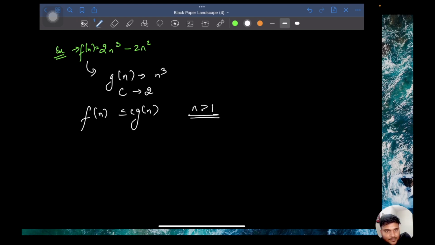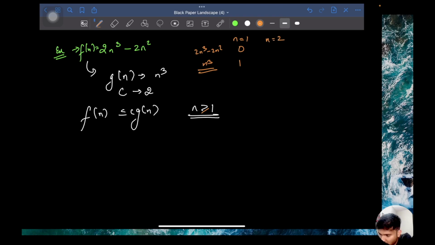Can I say that? See, n equal to 1, 2n cube minus 2n square and n cube. This is 2 minus 2, 0. This is 1. So even for n greater than or equal to 1, n cube is greater than 2n cube minus 2n square.